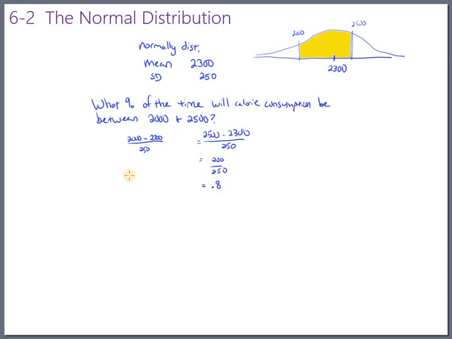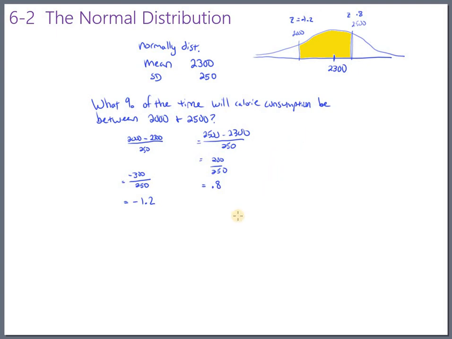So that's negative 300 over 250, which works out to negative 6/5 or negative 1.2. So we've got these as calorie counts, but as z-scores, we're talking a z-score of 0.8 and a z-score of negative 1.2.